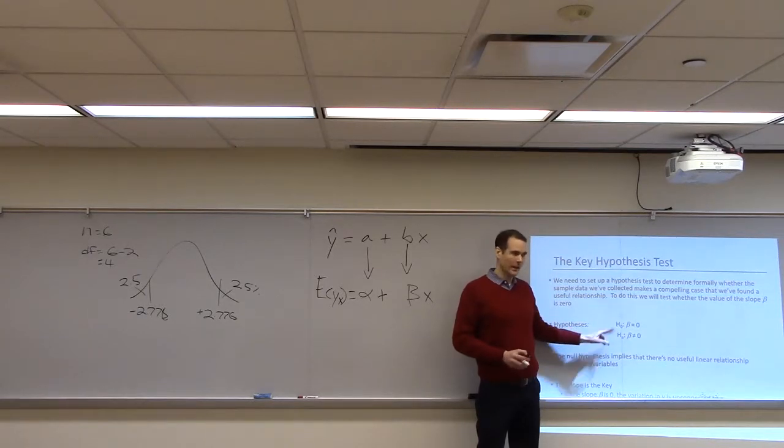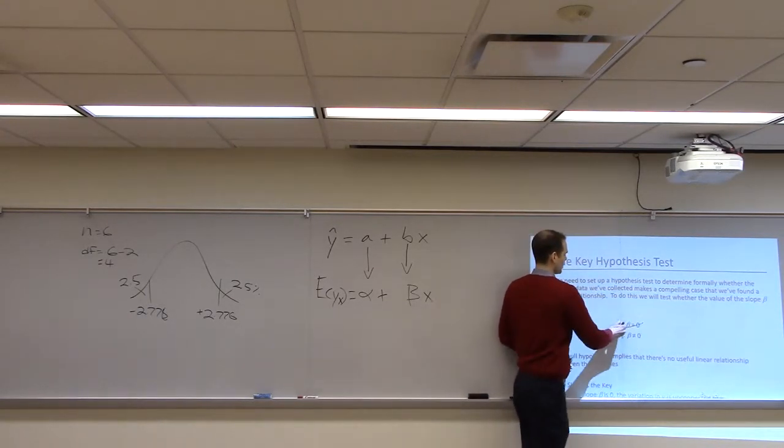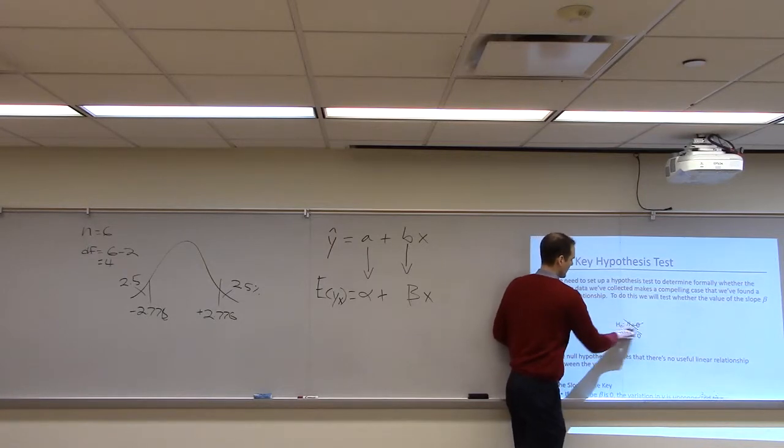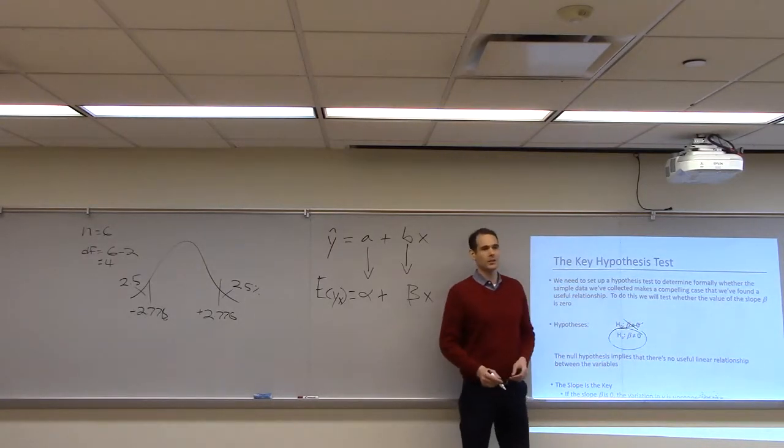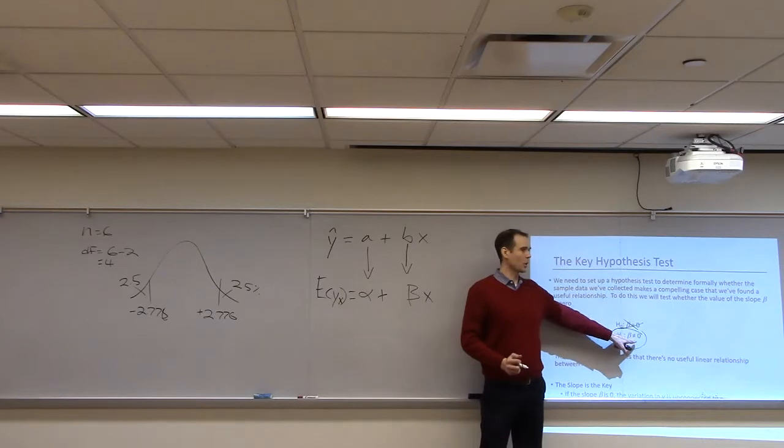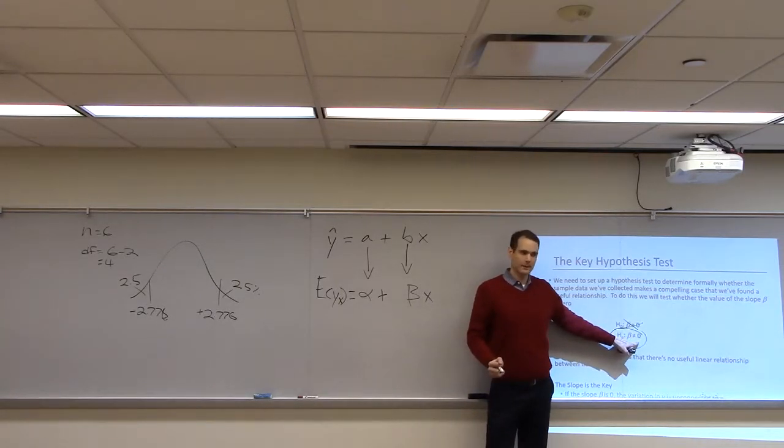If we do, we reject it and assume the alternative hypothesis: the true population slope does not equal 0. Then we've got something useful.